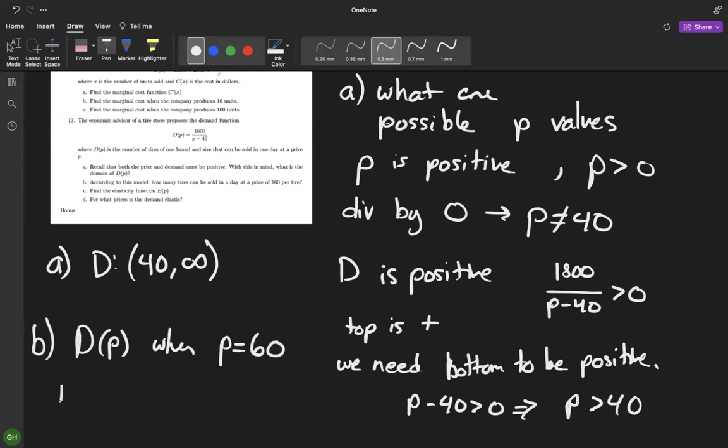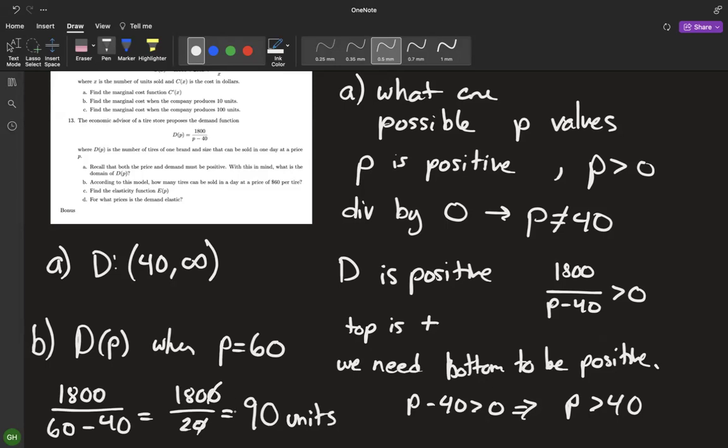And this is going to be 1800 divided by 60 minus 40, which is 1800 over 20. 180 over 2 is 90. So at a price of $60, we can expect to sell 90 units. This is how we use the demand function.